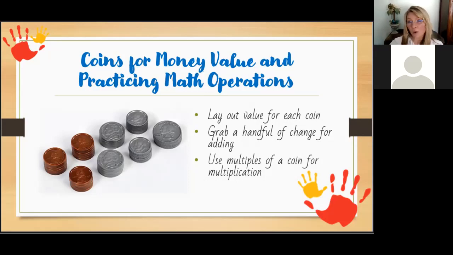And then again, 1 through 9 thousands with just the 1,000 cubes themselves. And then once they're good with those physical quantities of the place value, then we go ahead and correlate those to the number cards.